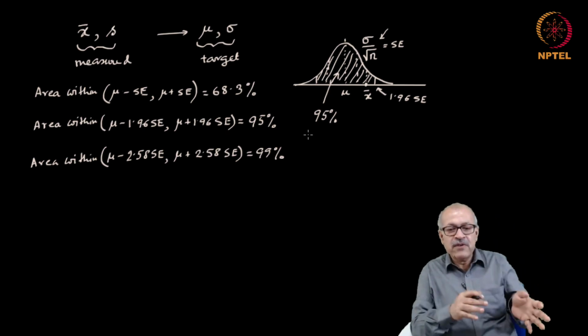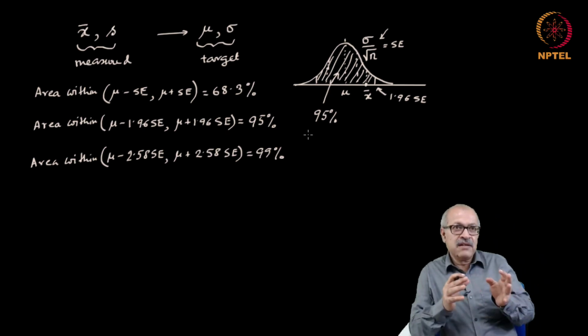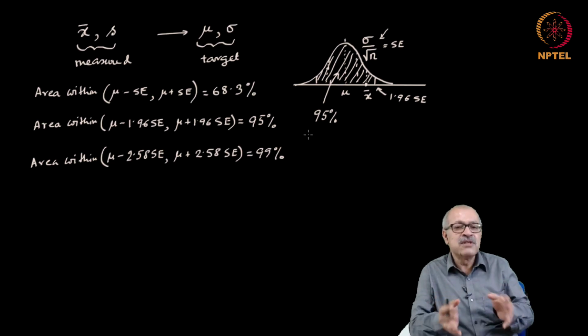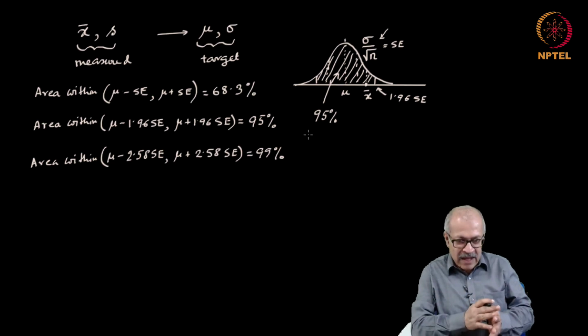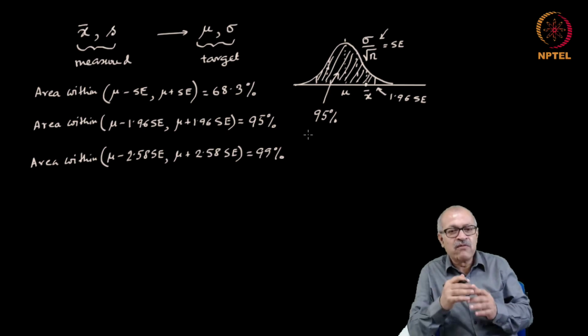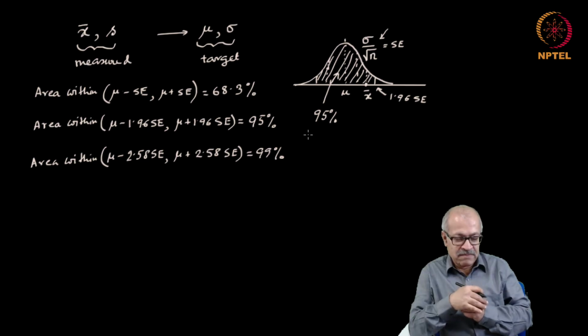In some fields, the confidence level of 68.3% is considered too low, and there the demand is that you have to state it with a confidence level of 95%.